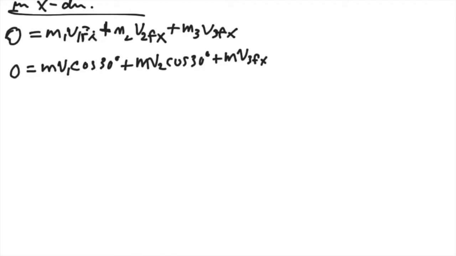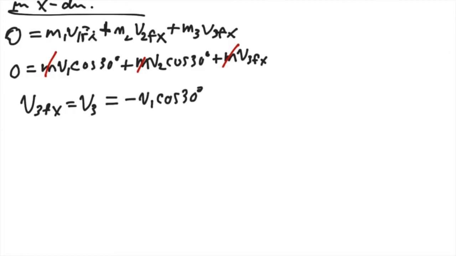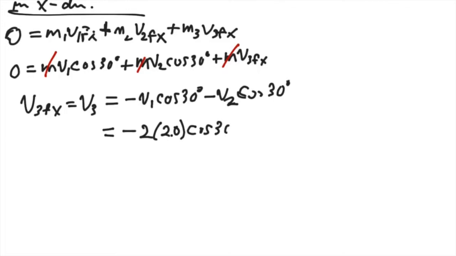Divide through by m and bring v3 over to the other side, and we basically would have that v3 final in the x direction, which is equal to v3 because v3 is totally in the x direction, is going to equal a negative v1 cosine 30 degrees plus a negative v2 cosine 30 degrees. v1 and v2 are the same, so this is actually going to equal a negative 2 times v, which is 20, times the cosine of 30 degrees.